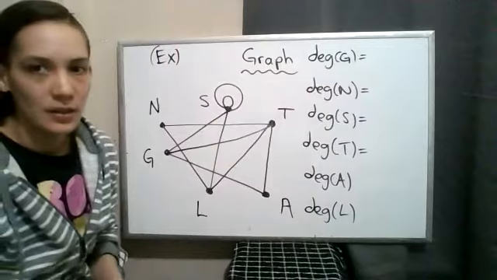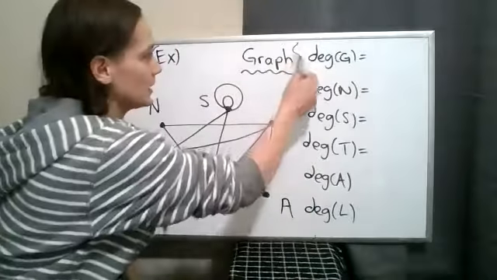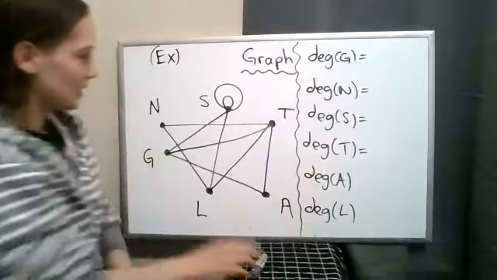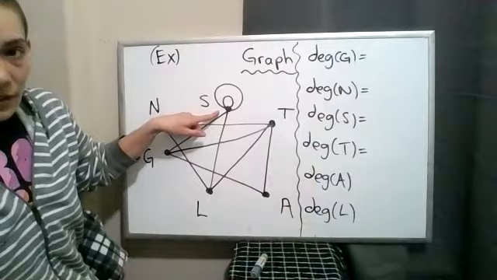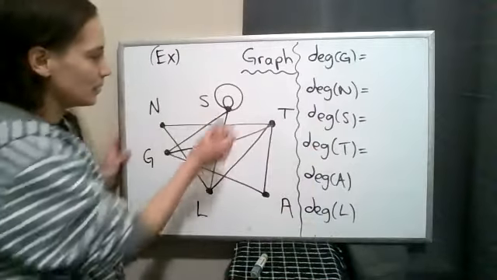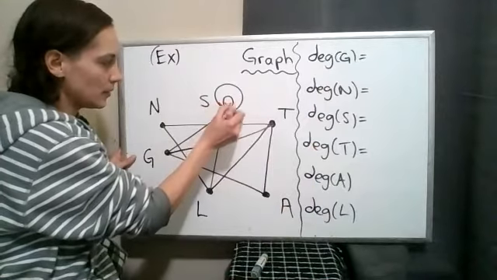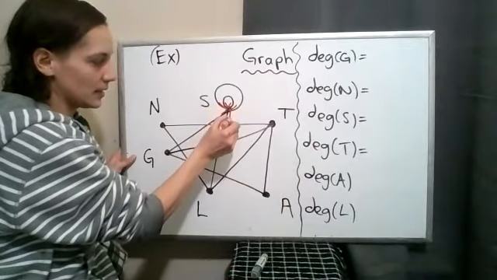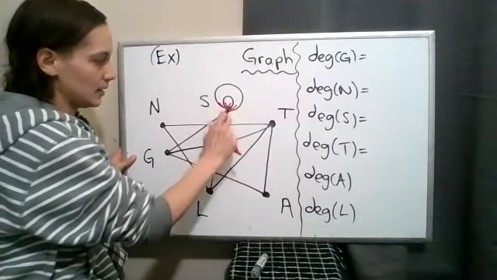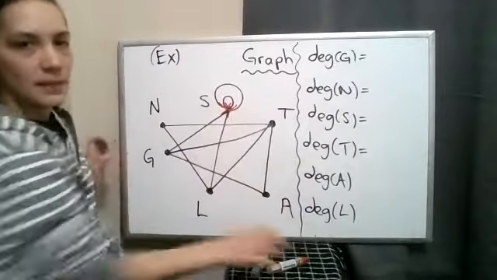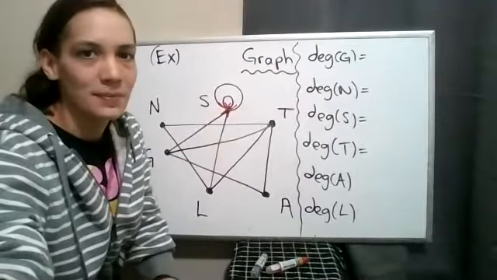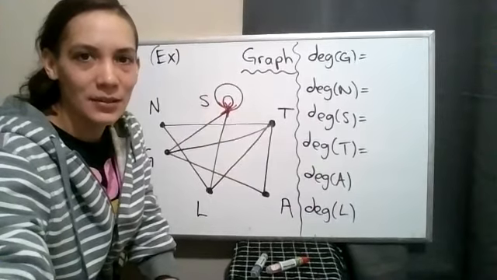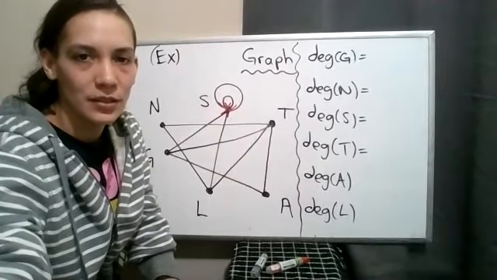Cool. So let's get through this. Starting at S, which looks crazy, but it's got 1, 2, 3, 4, 5, 6. And I also have an answer key, which let's go ahead and be sure.